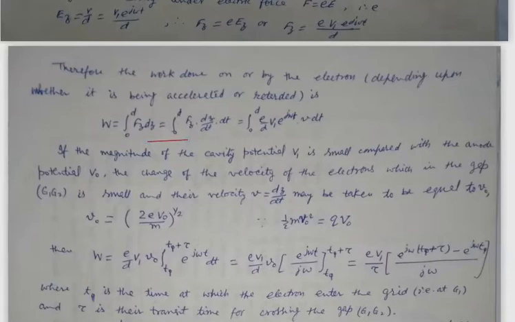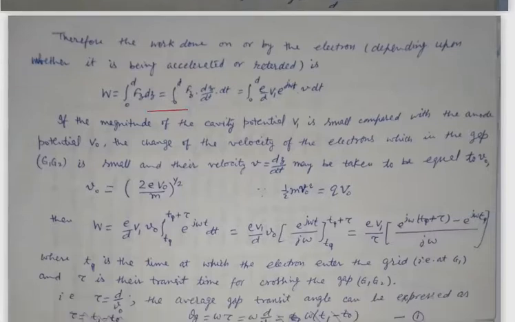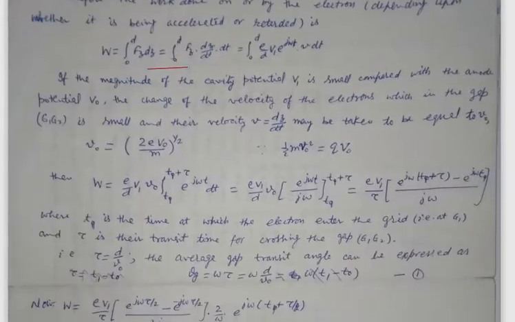Now using this velocity v0, and also assuming that v in the above integral equation is almost equal to small v0 because the gap is small, v is approximately equal to v0.